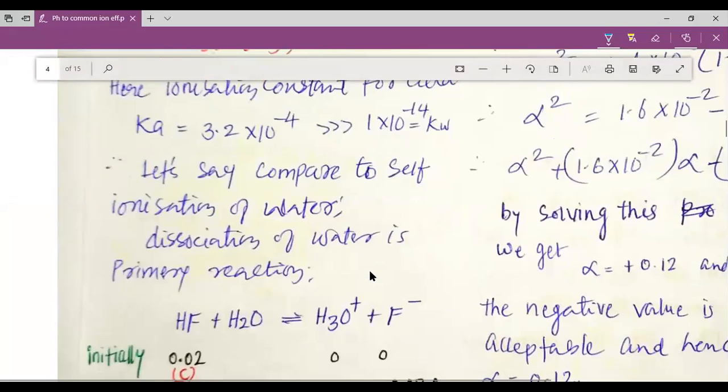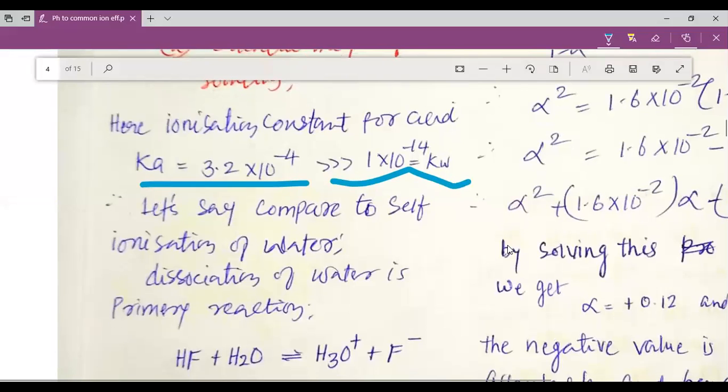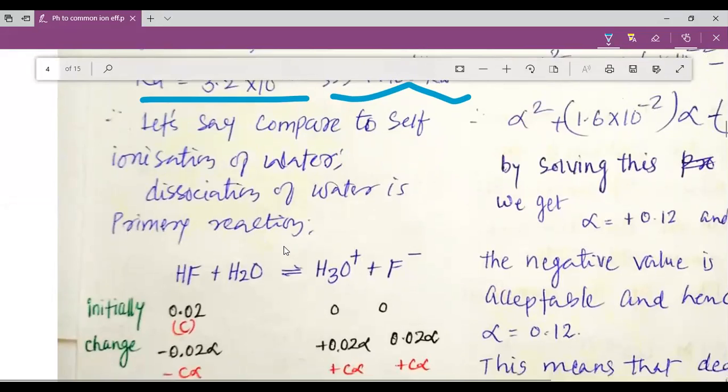Here, my dear students, the ionization constant for the acid Ka is clearly given, which is 3.2 into 10 to the power minus 4, which is quite greater than 1 into 10 to the power minus 14, which is our Kw. So compared to self-ionization of water, dissociation of HF is the primary reaction.